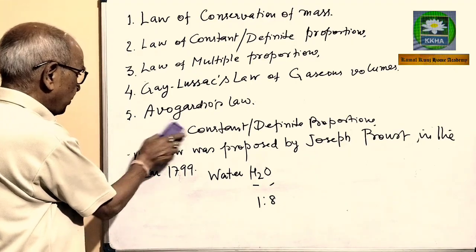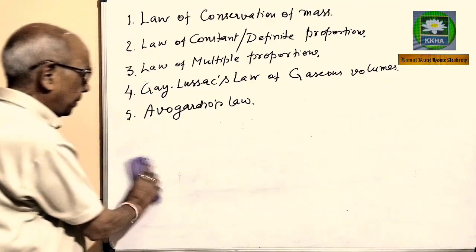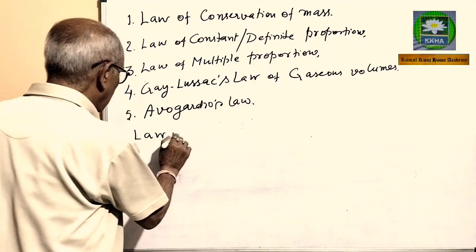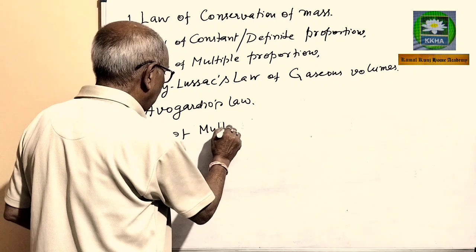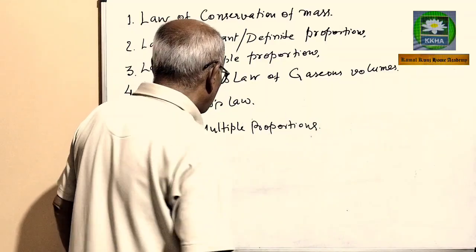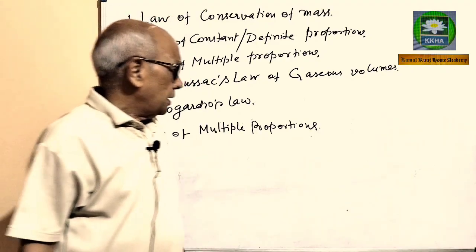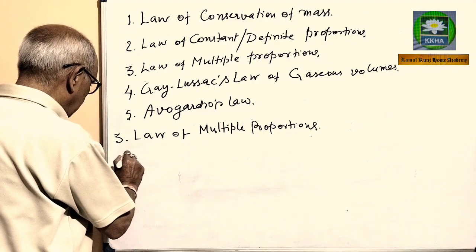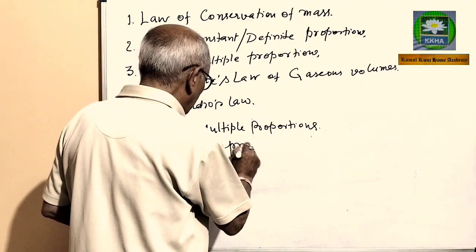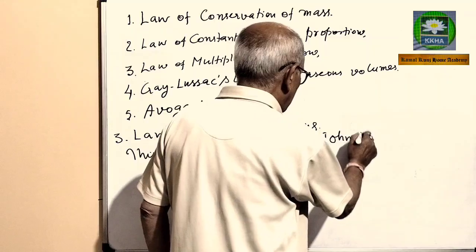Now the next is the law of multiple proportions. The third one is the law of multiple proportions. This law was proposed by John Dalton in the year 1803.